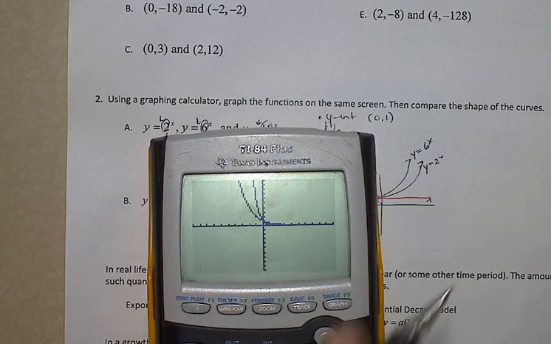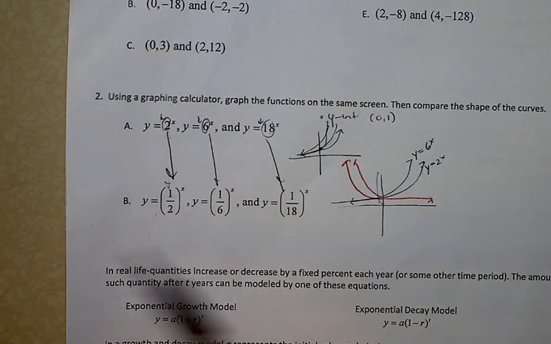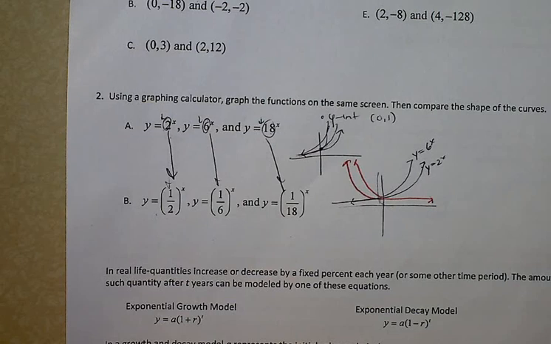Okay, so you're going to write down a statement here down below. You ready? For part B. How did our previous statement start? The one above it. In exponential growth.